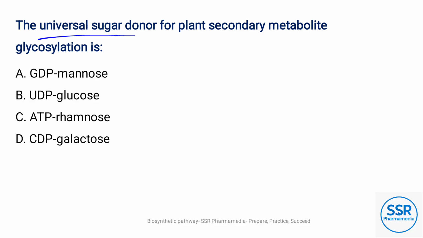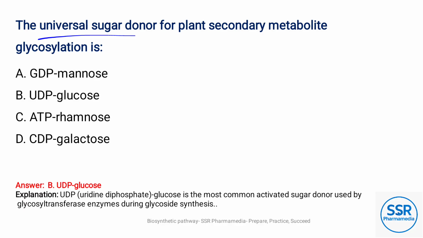The universal sugar donor for plant secondary metabolite glycosylation is? The answer is option B, uridine diphosphate glucose. Uridine diphosphate glucose is the most common activated sugar donor used by glycosyltransferase enzymes during glycoside synthesis.